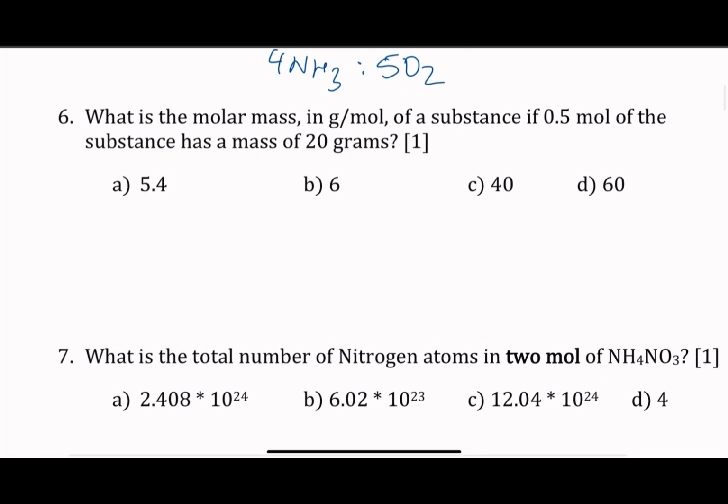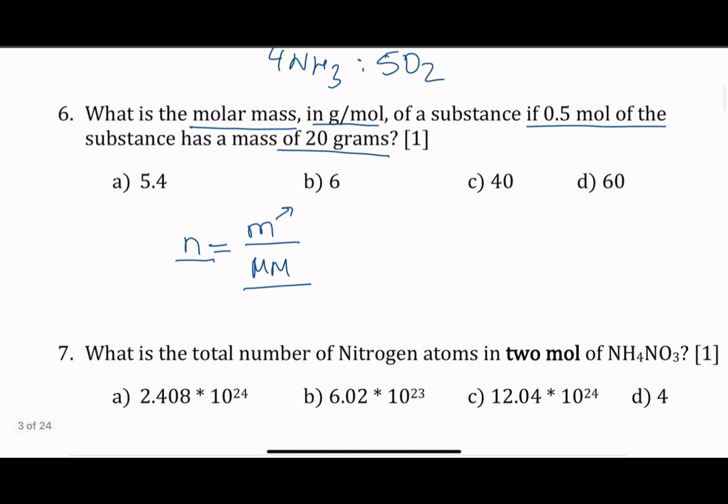It is telling us, what is the molar mass in gram per mole of a substance if 0.5 mole of the substance has 20 grams. So we know the formula n equals m over Mm, where m is the mass, Mm is the molar mass, and n is the number of moles.